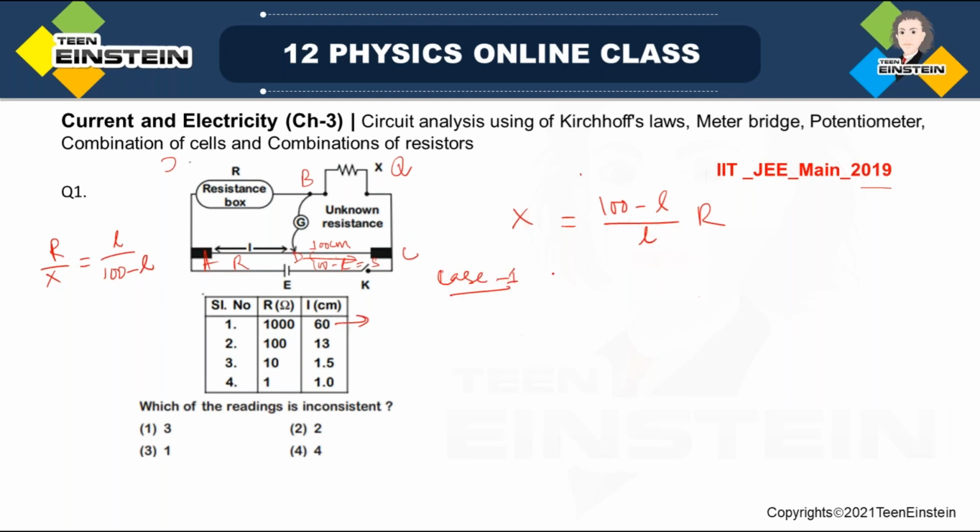Here L is 60 centimeter, and this R is in ohm, that is 1000. So let us find out unknown resistance for this particular reading. So it is actually 100 minus 60 divided by 60 into 1000.